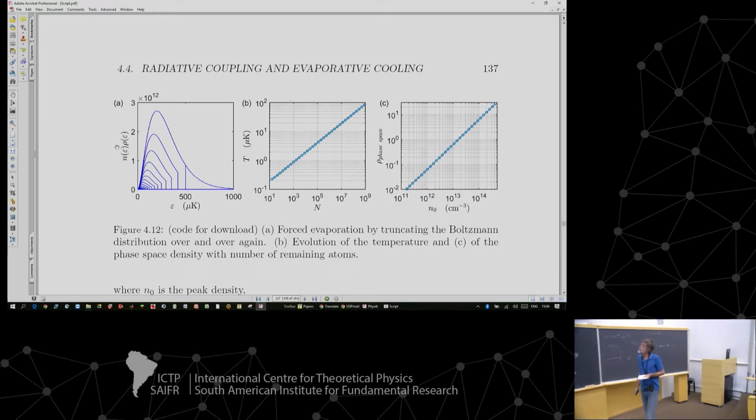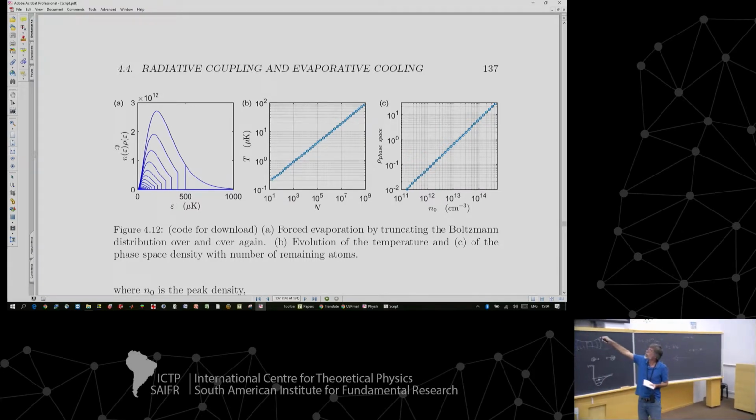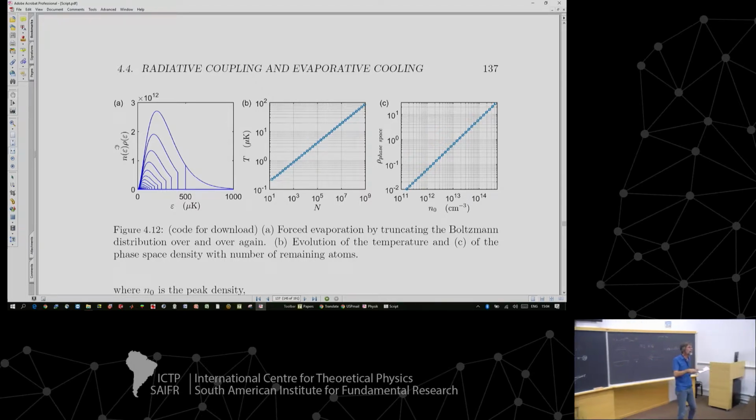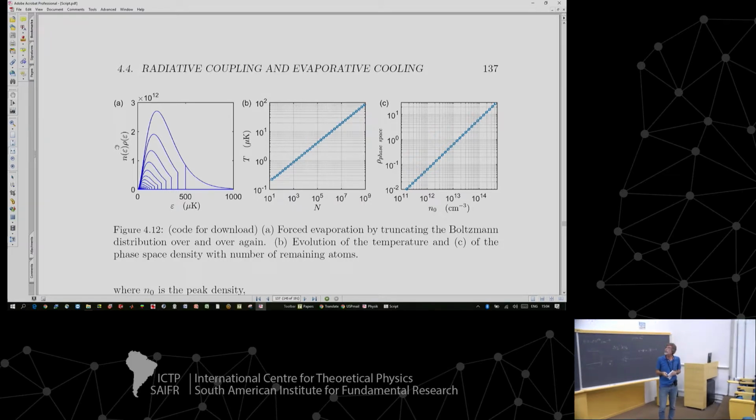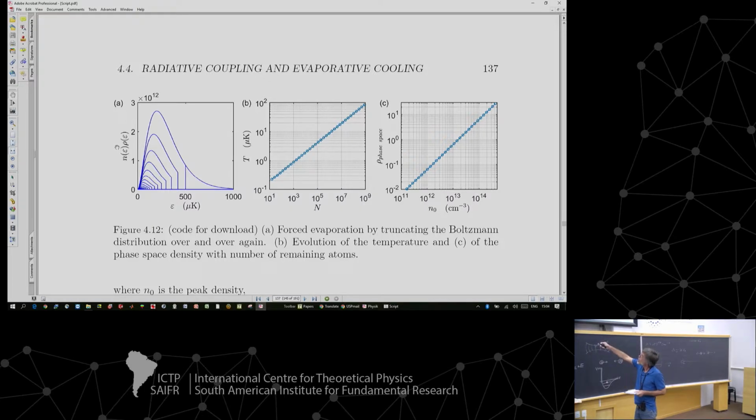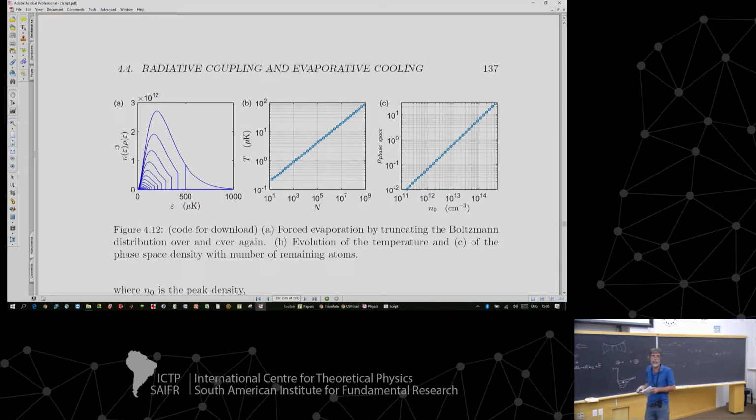Now, if the atoms can rethermalize, if you have some rethermalization mechanism, they will try to form a new Boltzmann distribution, which is characteristic for the thermal equilibrium. But in order to do so, you need elastic collisions, because you have to redistribute the kinetic energy among the atoms in such a way that they are equilibrated.